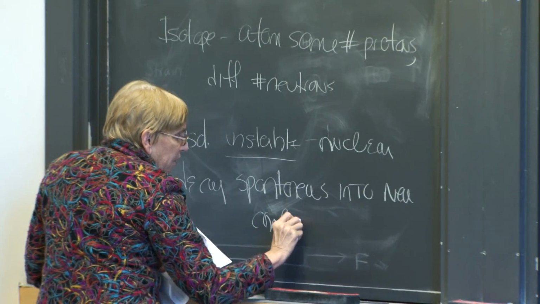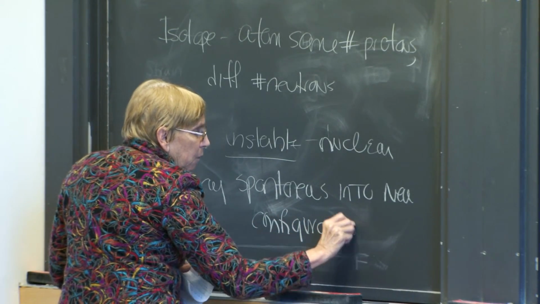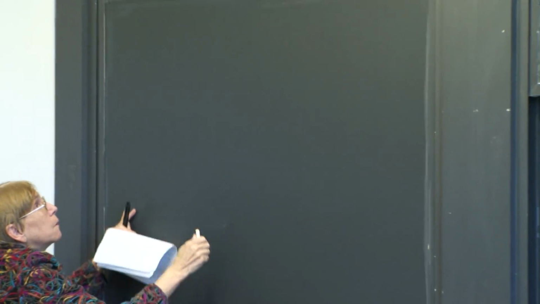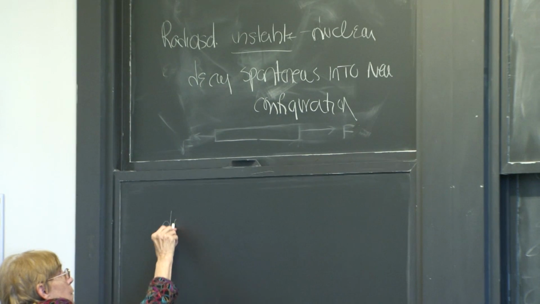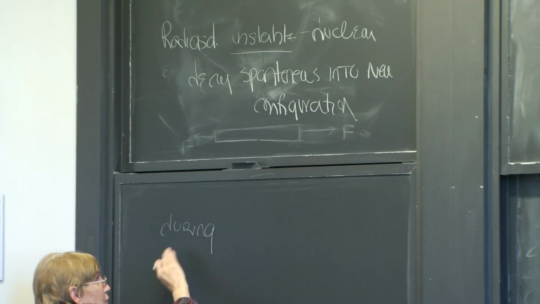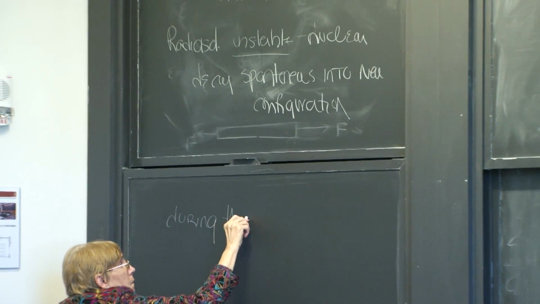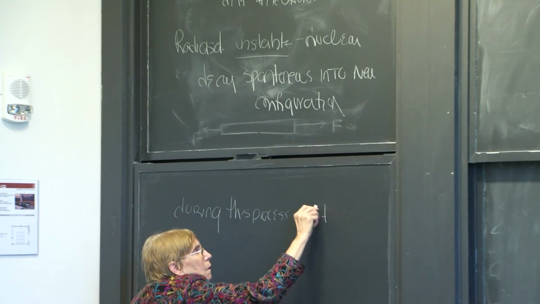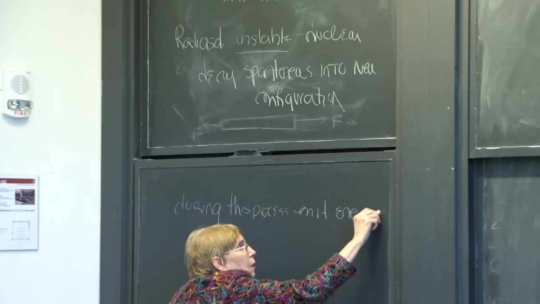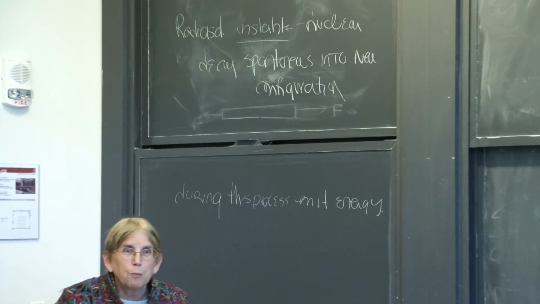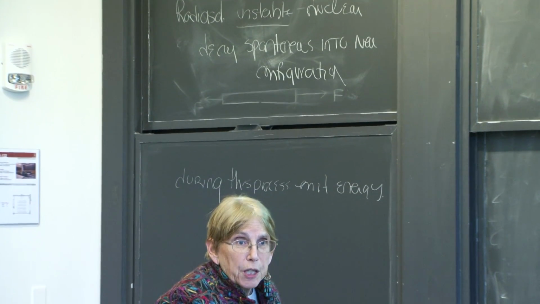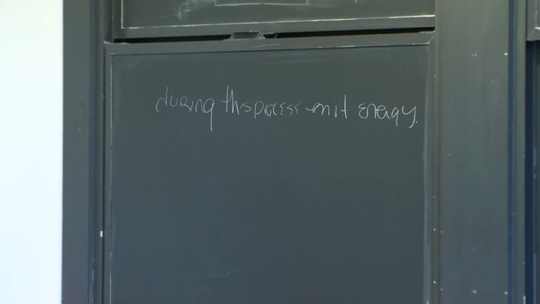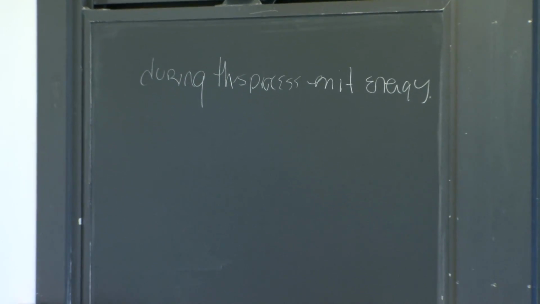And during this decay, they emit ionizing radiation. They emit energy, and this is the whole thing you need to remember. The energy is in the form of ionizing radiation. It could be alpha, beta, or gamma radiation. And what we're going to be looking for is trying to detect that energy that's actually released.